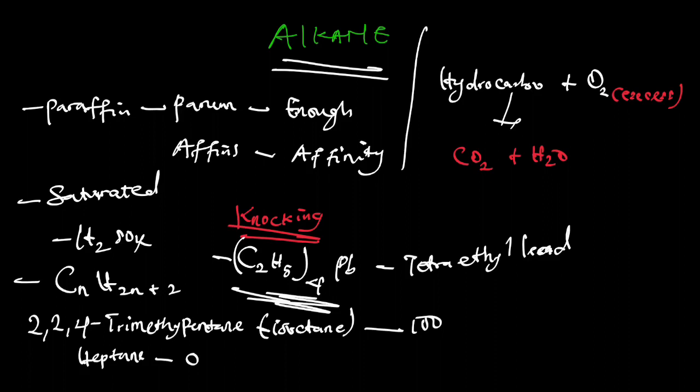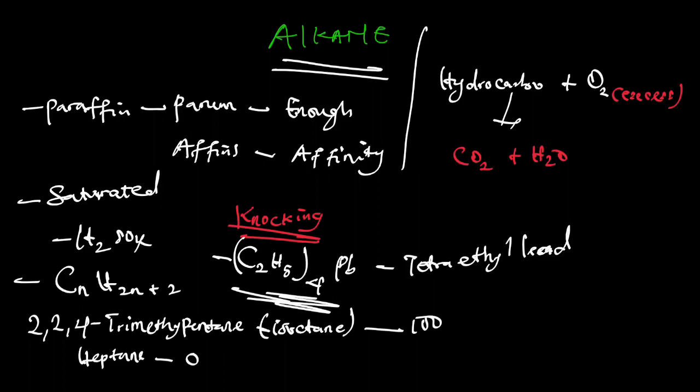So when we examine a particular petrol in the laboratory and find out that we're getting, let's say, heptane or 2-methylhexane, something like that, you know that this petrol is not that good. So we are actually comparing it to these two compounds generally.